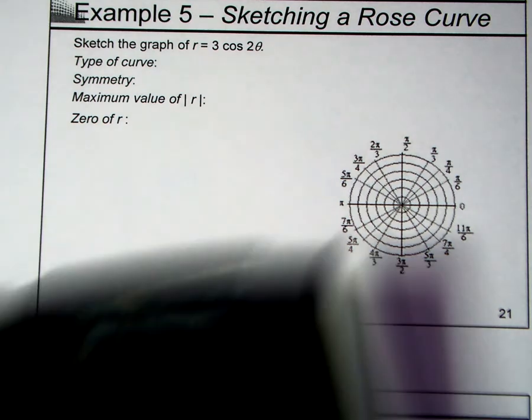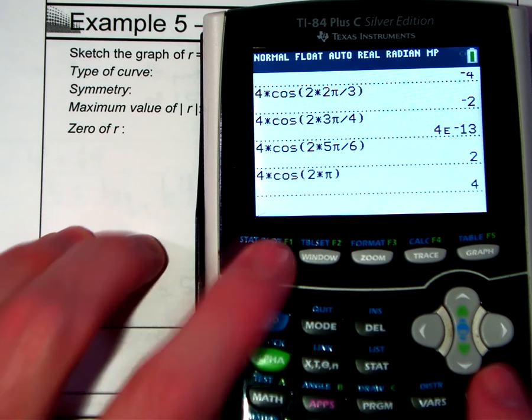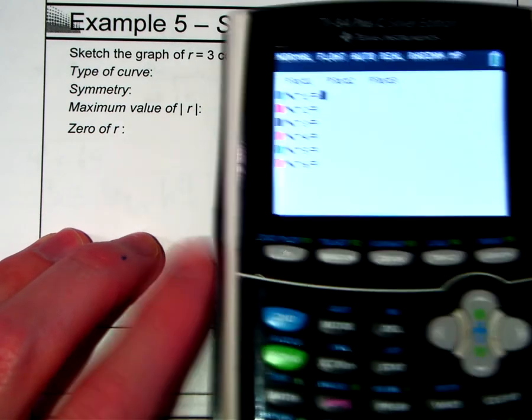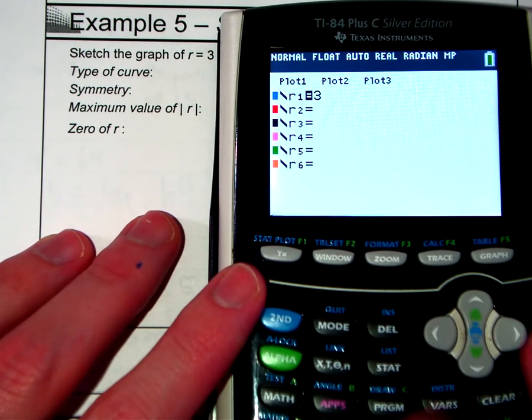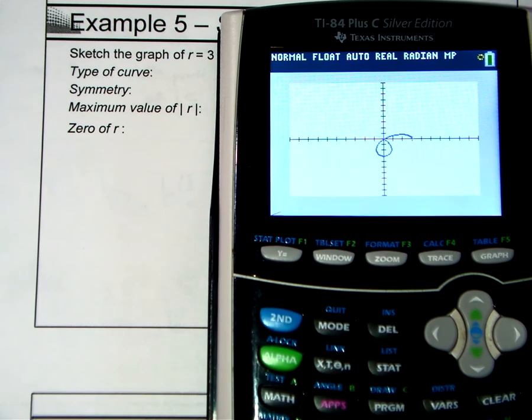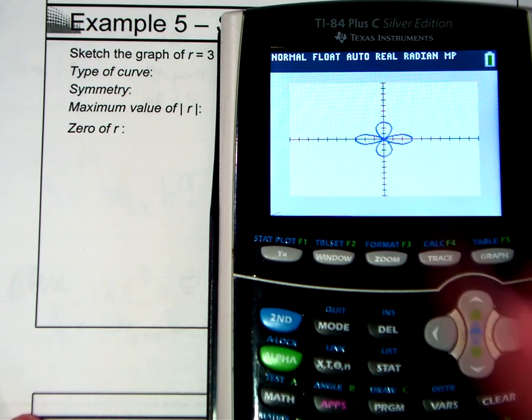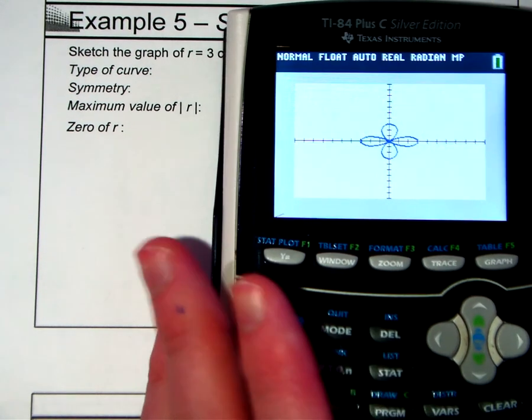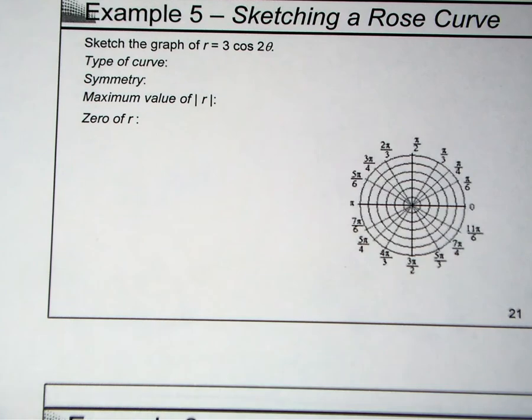We can even graph it and get a quick picture of what it's going to look like. You can see it's like a 4-leaf clover, but vertically there.